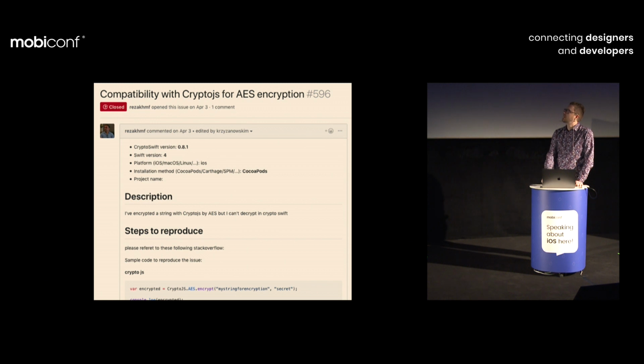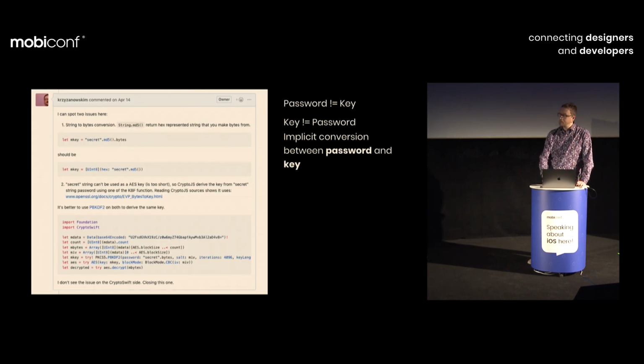Basically the same with CryptoJS. CryptoJS is a quite old library, but what it does, it tried to be compatible with OpenSSL. OpenSSL is good, but it's not perfect, and historically had an issue.